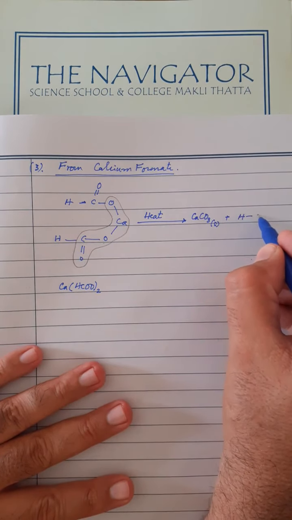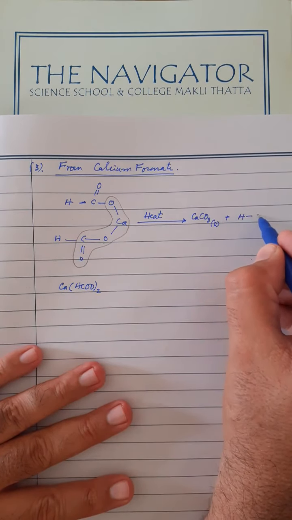So, three methods of preparation of formaldehyde. One is the dehydrogenation of methanol with copper oxide, molybdenum oxide, at 300 degrees C. The other is the oxidation of methanol with K2Cr2O7 and concentrated sulfuric acid, that's oxidation.